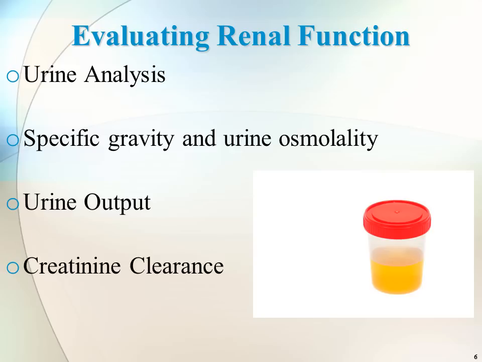So the relationship of urine and blood osmolality is monitored very closely when we're talking about the kidney's ability to function. How is the kidney excreting and or holding on to urea as well as sodium? So when renal function is normal, there's a direct relationship between urine osmolality and serum osmolality.